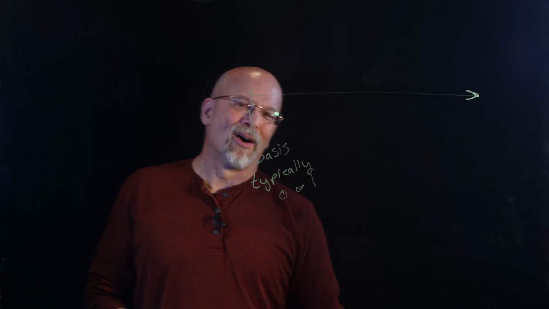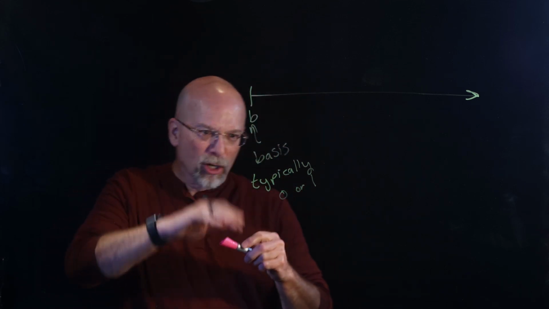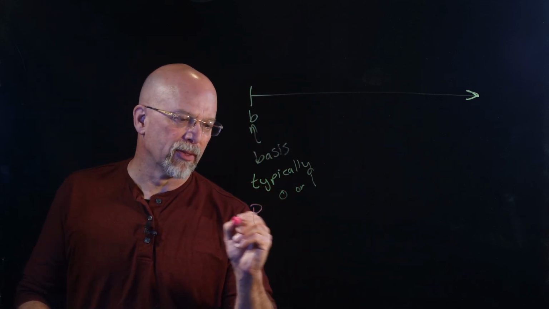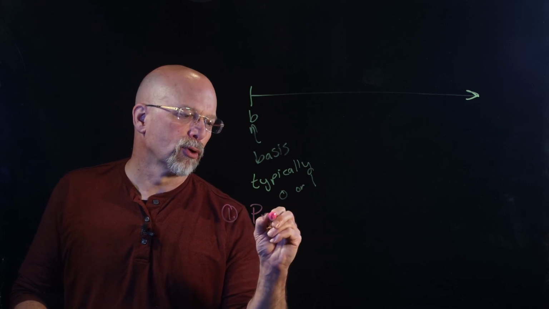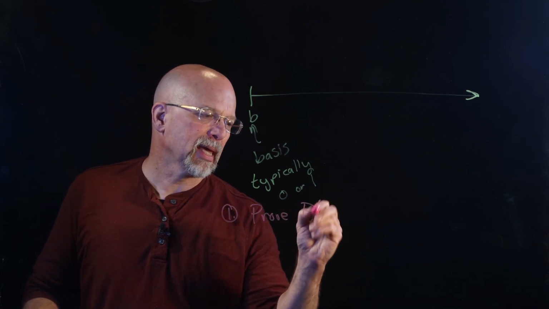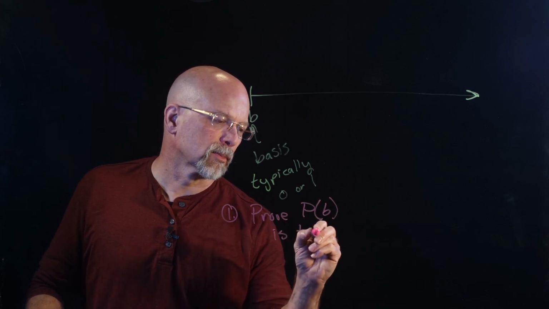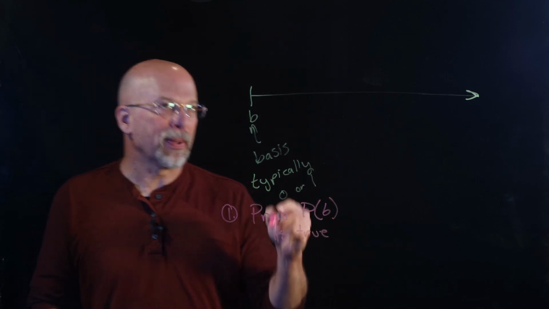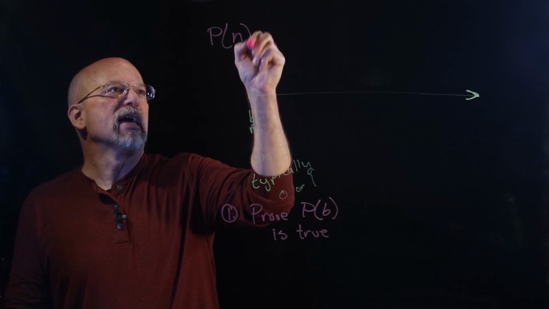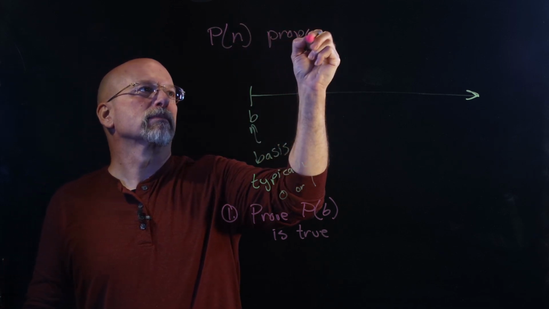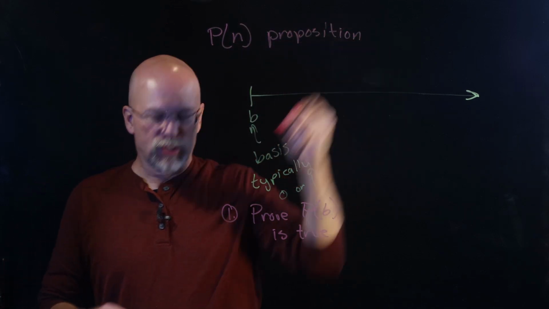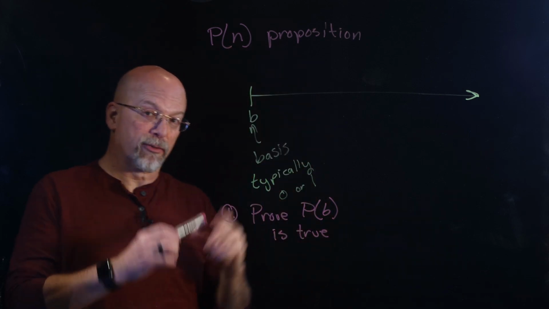Now, this is step 1: prove P of B is true. And remember, P of n is a proposition, a proposition that changes based on different values of n.